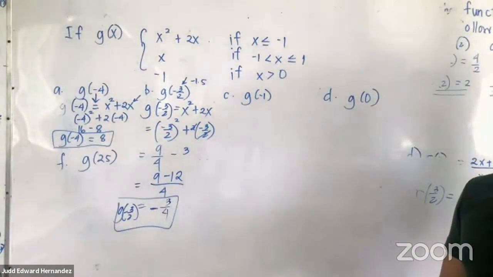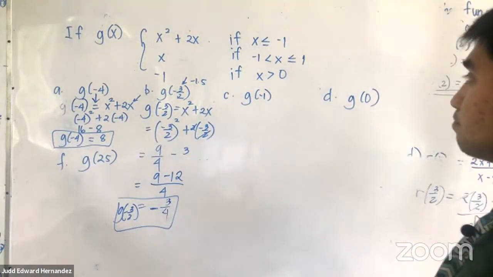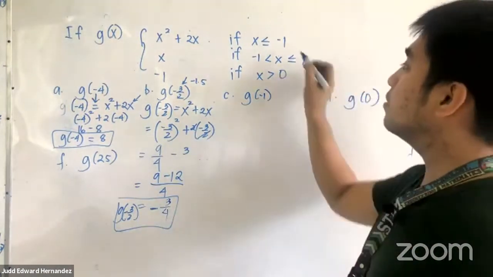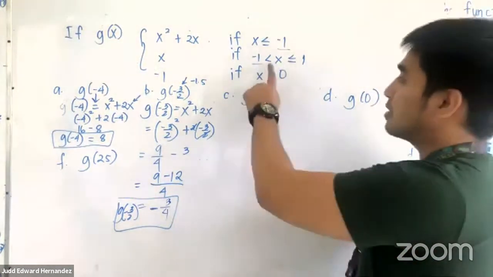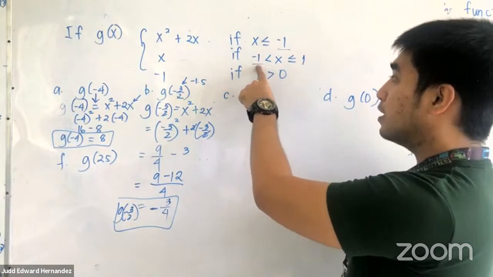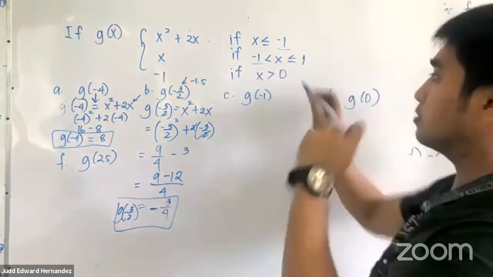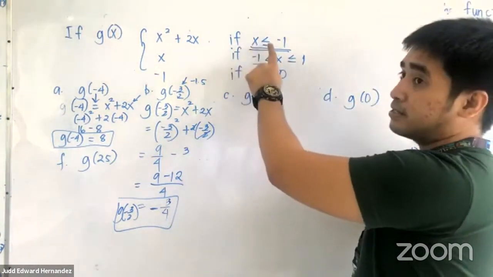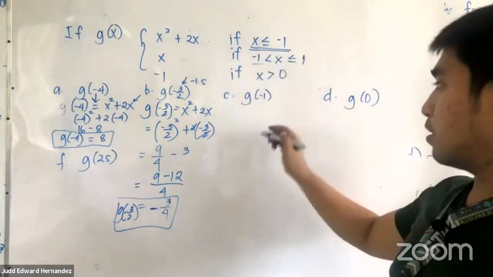How about g of negative 1? If we're asked to solve for g of negative 1, kung mapapansin nyo dito, parehong may negative 1 yung condition natin. Pero dito sa isa, wala naman siyang equal to negative 1, sabi lang dito, negative 1 is less than x. So we will be using the first one, since x is less than or equal to negative 1 satisfies our condition.